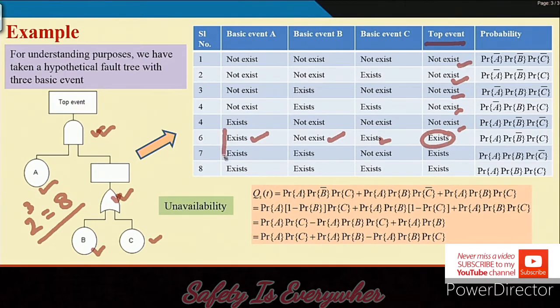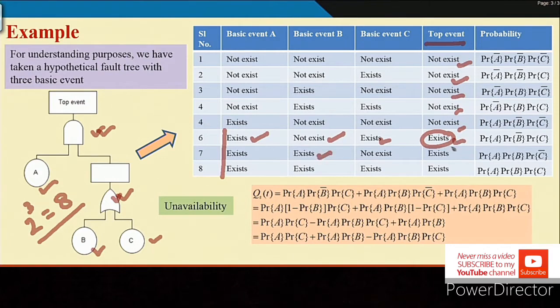So, you see the three conditions where A exists, which is a must because of the AND gate. Now, either B or C or both must occur. Here C exists, that's why the top event exists. Here B exists, that's why the top event exists. Here A, B and C all exist, that's why the top event exists. So, this is the combination.